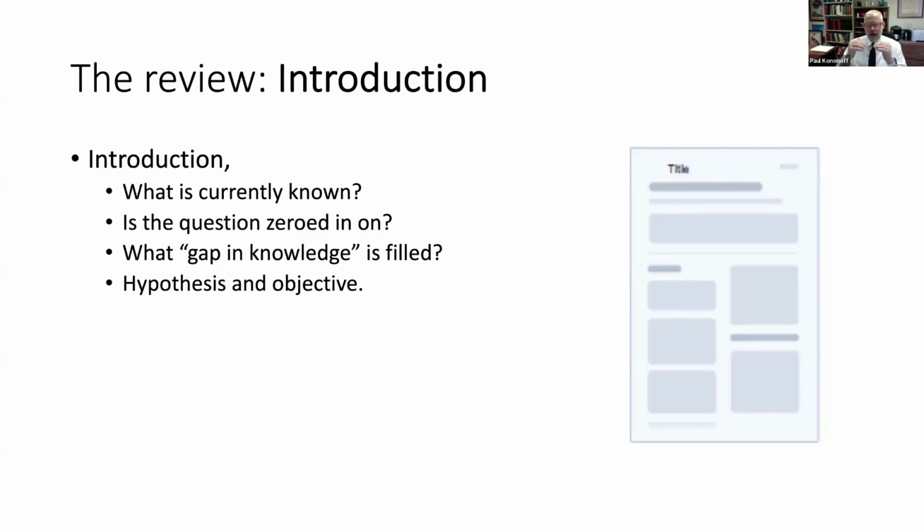Can the reader read that introduction and know exactly where the authors are going with that research? Identifying gaps in knowledge or problems that the research addresses should be included in the introduction, as well as an identification of the objective and the hypothesis.